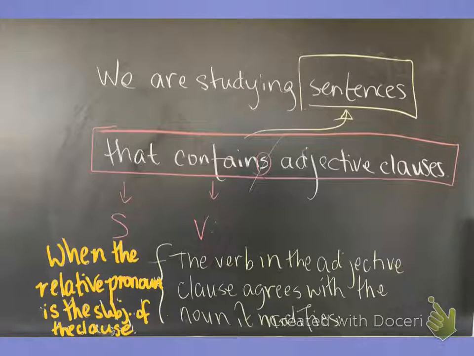Here we were looking at what happens with the verb in the adjective clause. And this became tricky when we looked at what noun was being modified. Oh, it's too late in the day. So here we have the noun that is being modified or being described by the adjective clause.